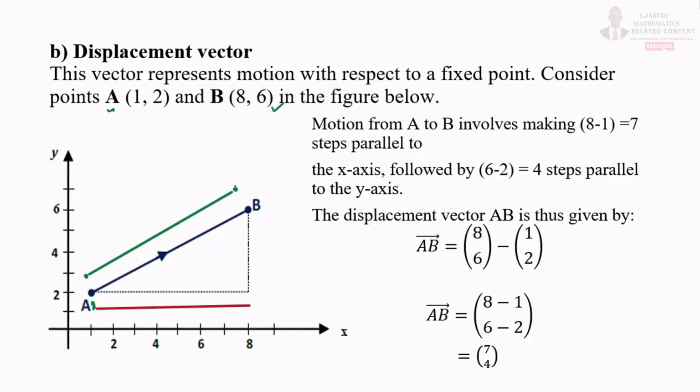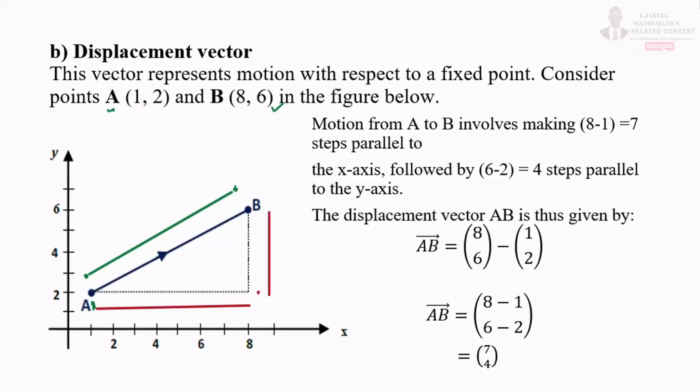Also, 6 minus 2 gives us 4 steps parallel to the y-axis. It moved from point A to point B, moving 6 minus 2, giving us 4 steps. The displacement vector AB is thus given by the column vector B, which is (8, 6), minus the column vector A, which is (1, 2).